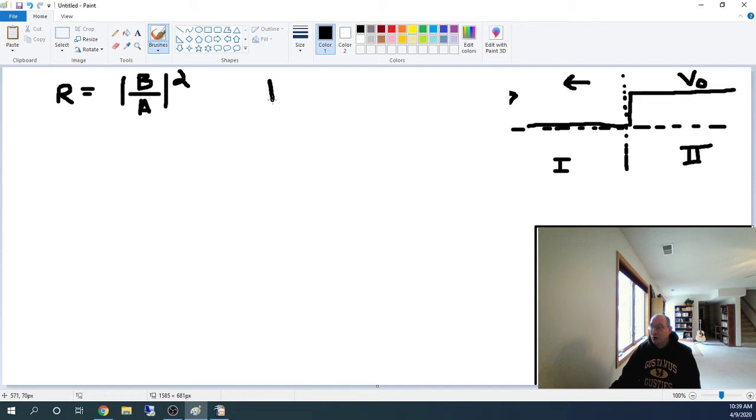And the transmission coefficient, and this is for particles coming in from the left, they hit the barrier, some of them come back, so that's the reflection, and then some of them are transmitted. That has to do with the probability that the particle actually ends up in region 2. That's going to be the absolute value of C over A, squared.